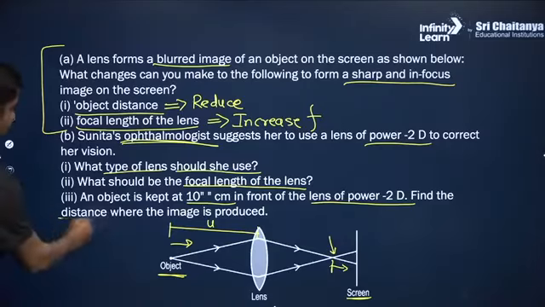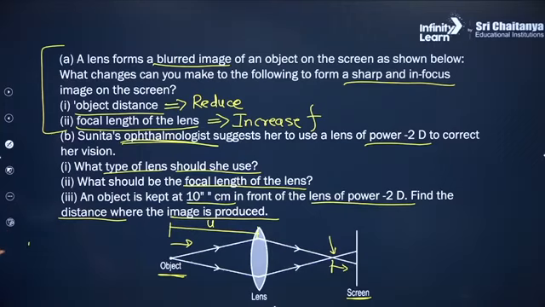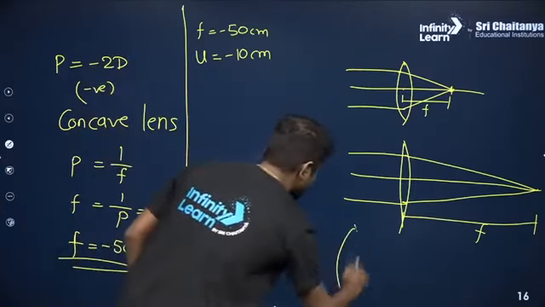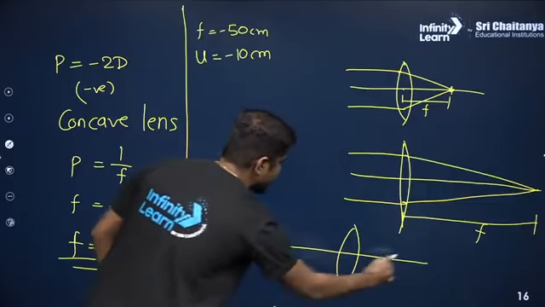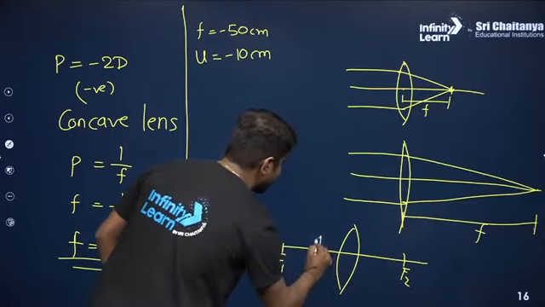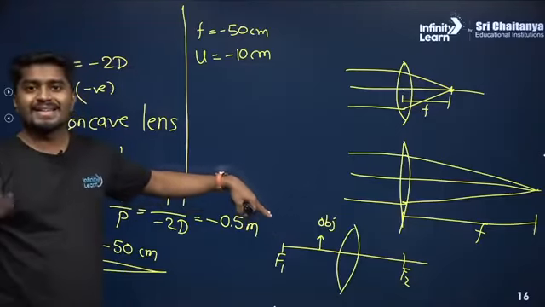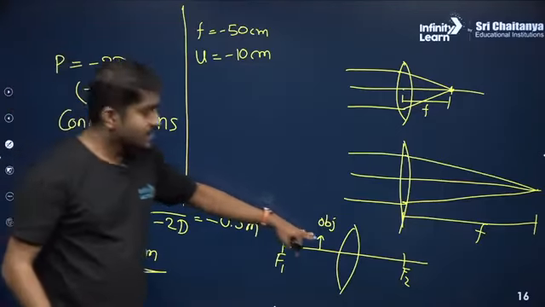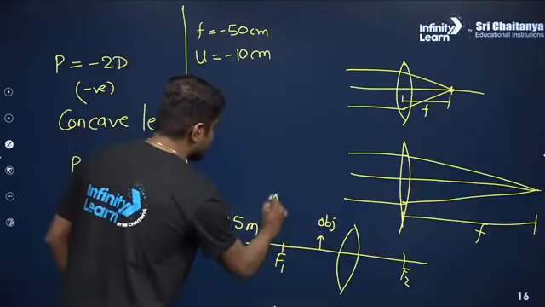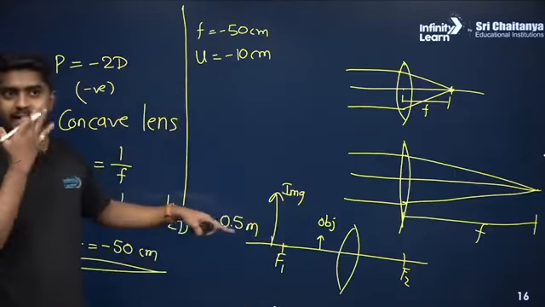Find the distance where image is produced. So now, you know how will it be produced? We have the convex lens. The focal length is 50. So let's suppose this is f1 and f2. So object is kept here. Is it going to form a real image or a virtual image? This will form a virtual and erect image. So somewhere here, let's suppose there is an image, virtual image and magnified image.